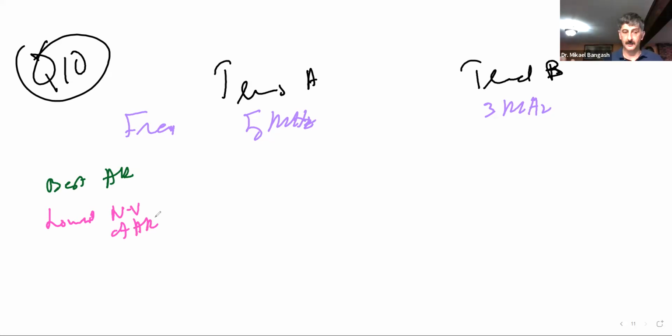Now right here is the concept that we already did. The transducer with a higher frequency will have a better axial resolution, and that's also going to be the transducer with the lower numerical value.